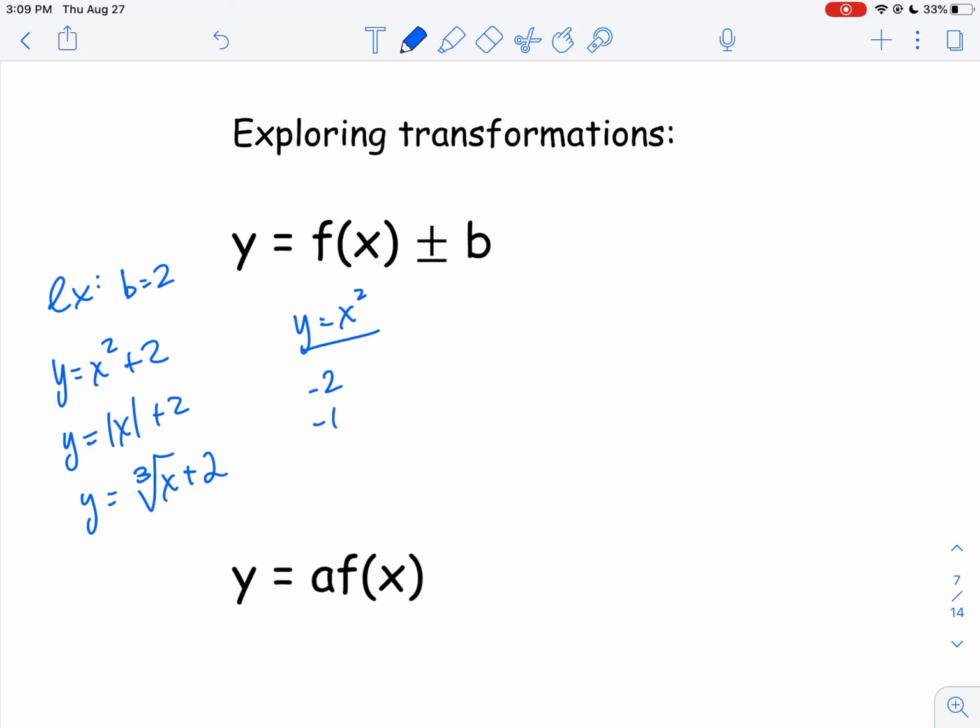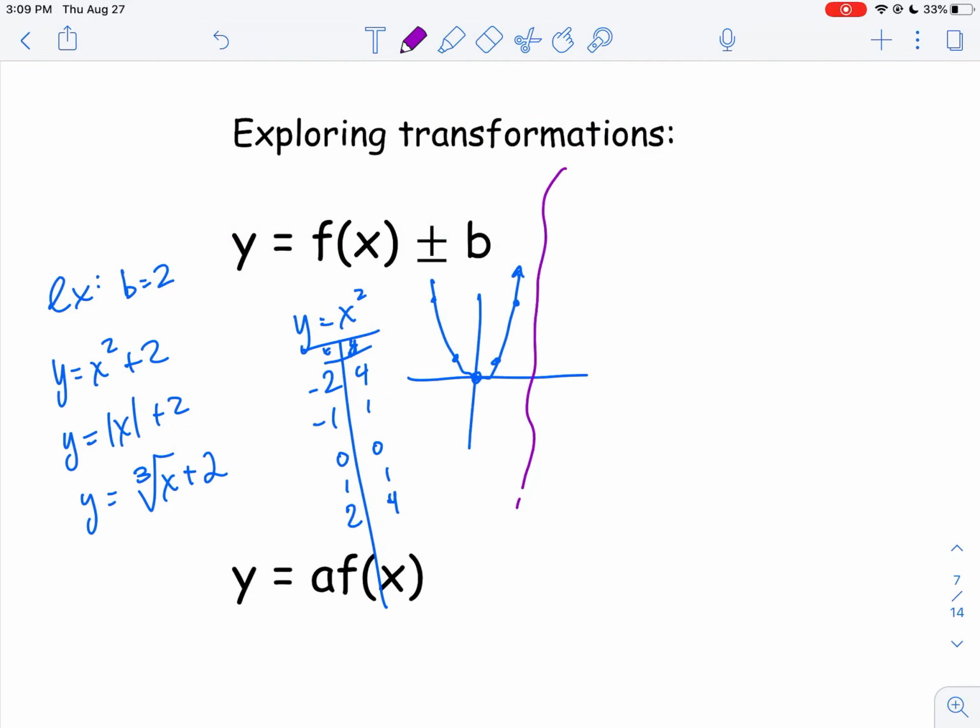If I have negative 2, negative 1, 0, 1, 2 as my x values, negative 2 squared is 4, 1, 0, 1, 4 as my y values. Okay, and so you can picture that. 0, 0, over 1, up 1, and then over 2, up 4. We get a parabola shape.